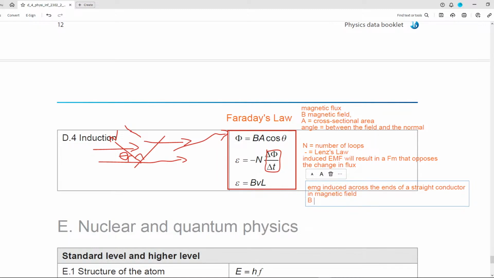B, of course, is that magnetic field. V is how fast the conductor is moving, the speed, and L is the length of the conductor in the field.